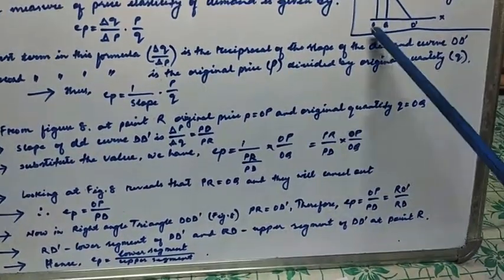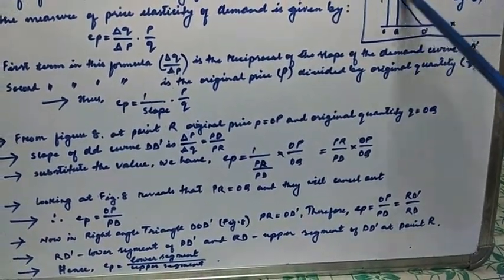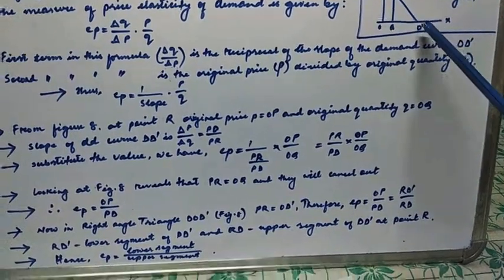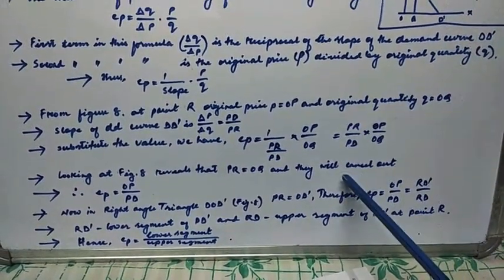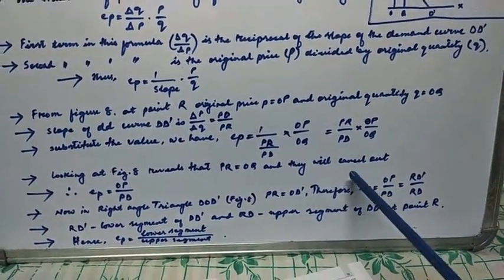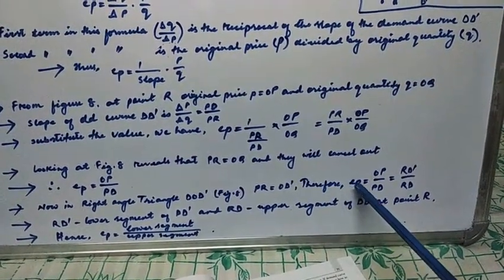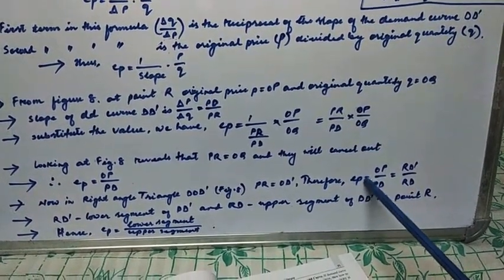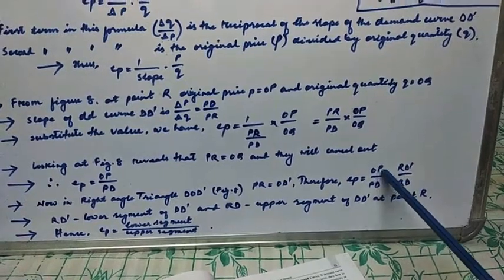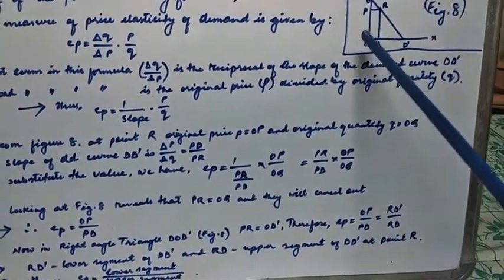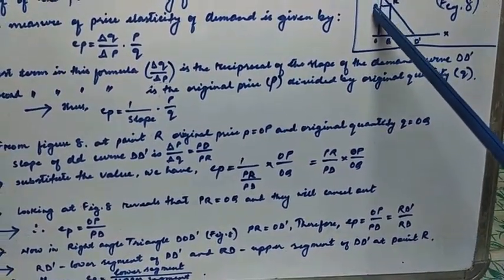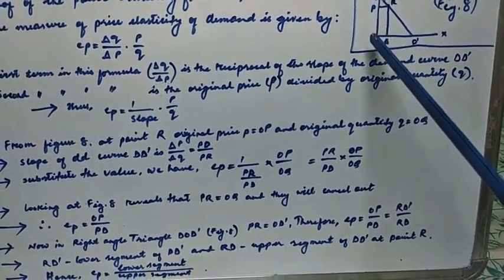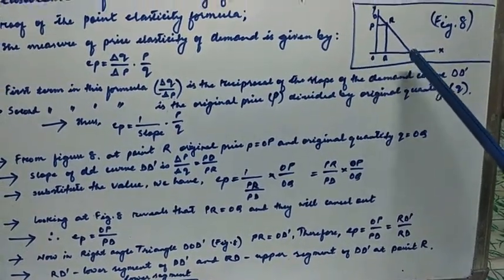In a right angle triangle, PR is parallel to OD', and when they are parallel, we can draw the conclusion that EP equals OP divided by PD. So EP is equal to OP divided by PD.